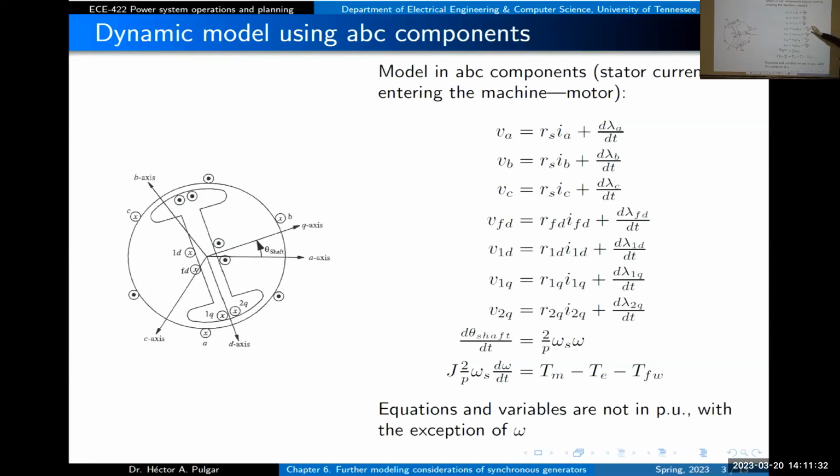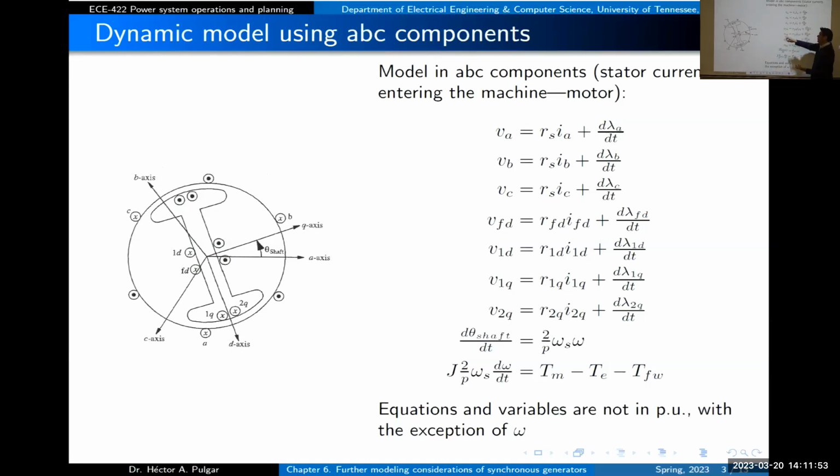Then you have the same situation for the field winding. You will have a voltage at the field winding. What kind of voltage? DC voltage. We will have some circuit, and somehow we will have some DC voltage applied to the field winding.